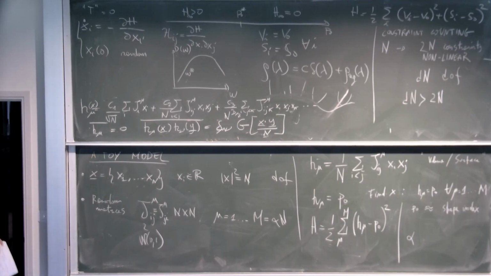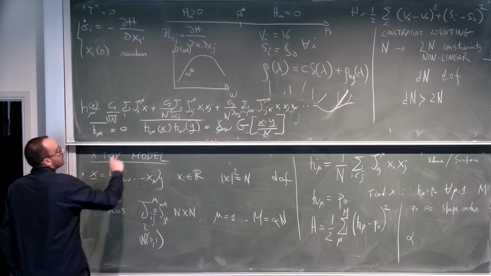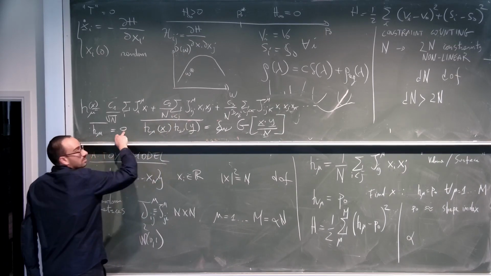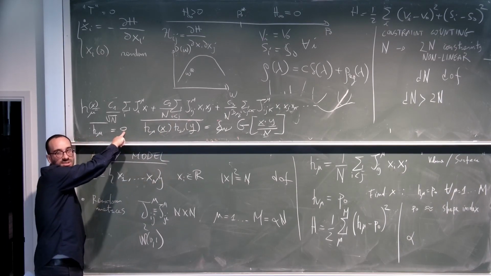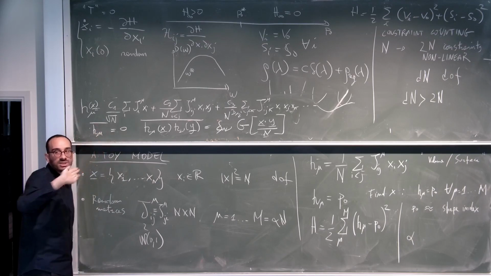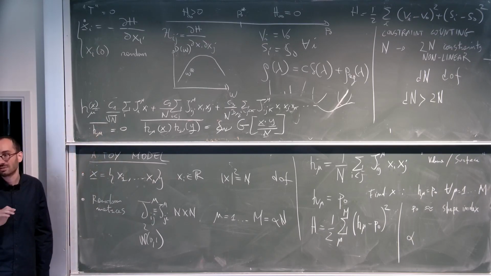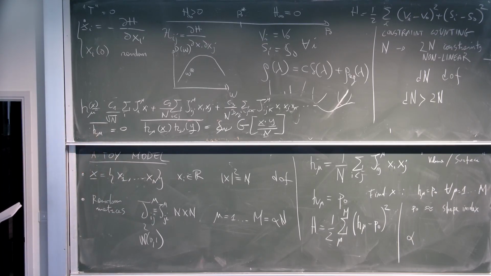But yeah, you can also include diagonal terms. If you include the diagonal term, you add some constant term in the average. But let me consider the case in which there is no constant term.